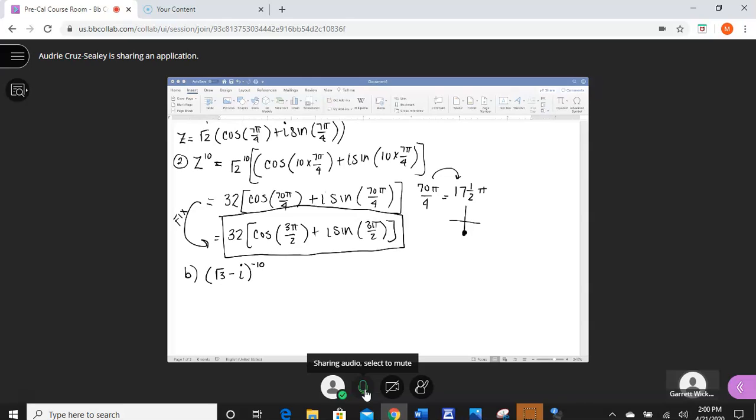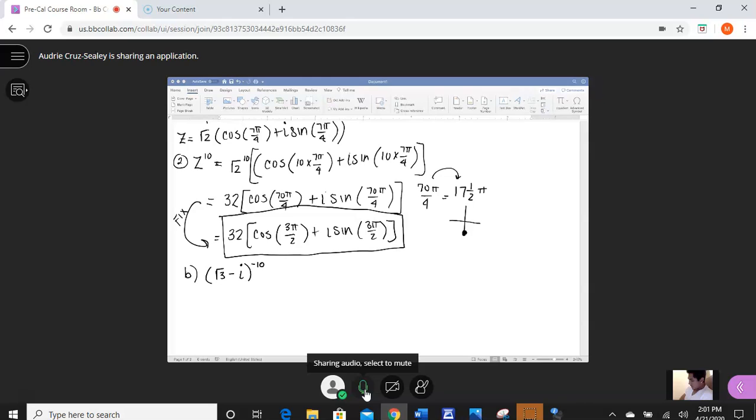So when you take the tangent inverse of negative 1 over the square root of 3 and rationalize it, you get negative square root of 3 over 3. And on the unit circle, negative square root of 3 over 3 is actually 11 pi over 6. Yep. No, we don't do that.